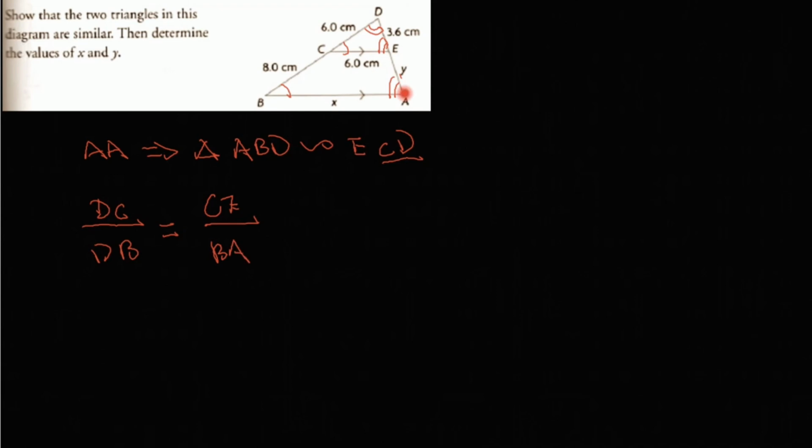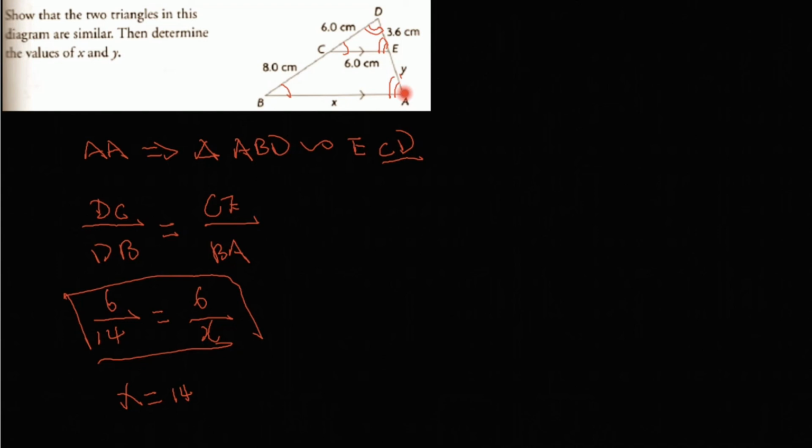DC equals 6, and DB equals 6 plus 8, which is 14. And CE we know is 6. BA we don't know, so we set it as x. So we solve this equation, and x equals 14.